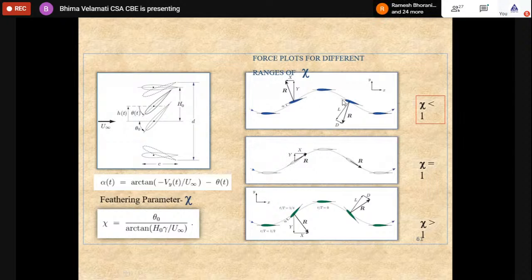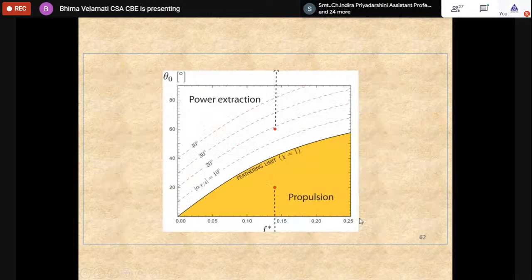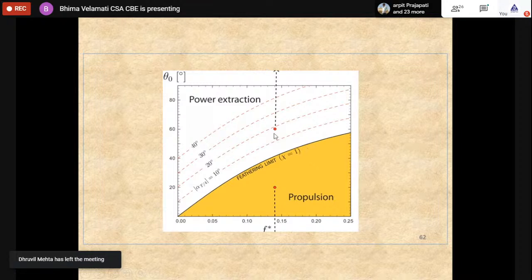Because of which you would get thrust. If I keep a feathering criterion greater than 1, then the angle of attack will always be positive, which will generate power. So this is the general criterion. You have feathering criterion psi equal to 1, which is the limiting case.